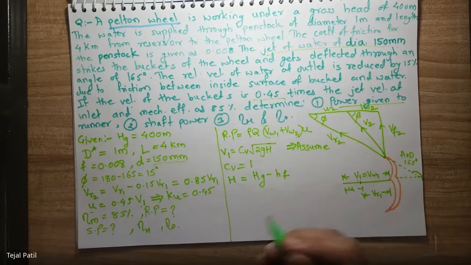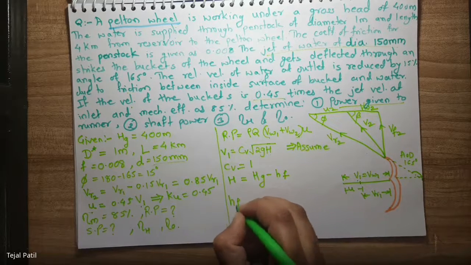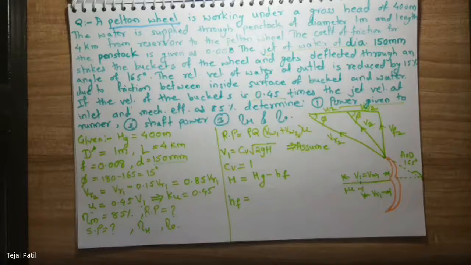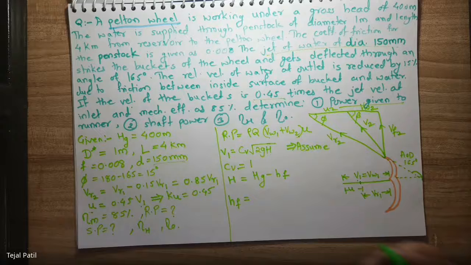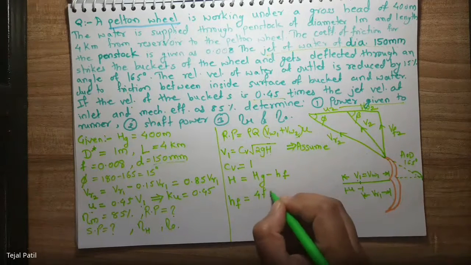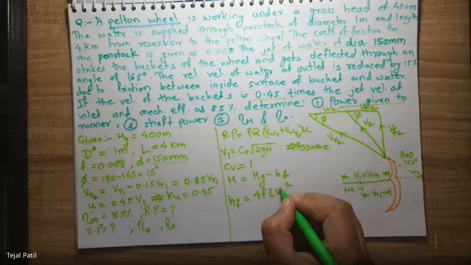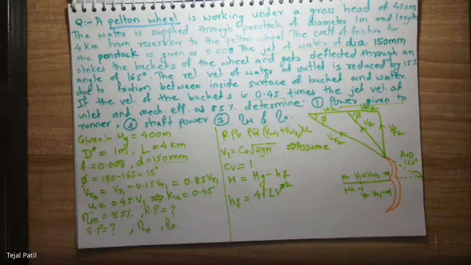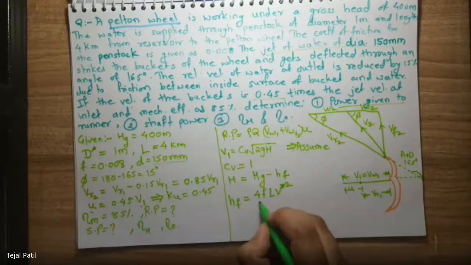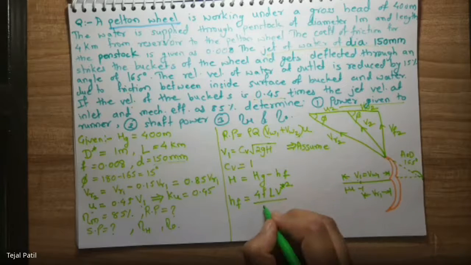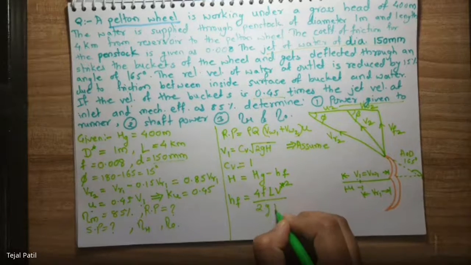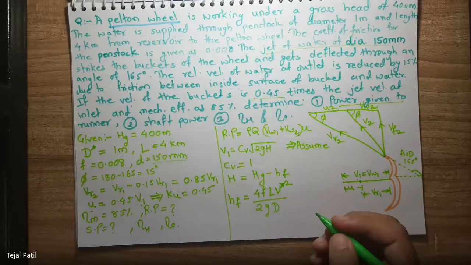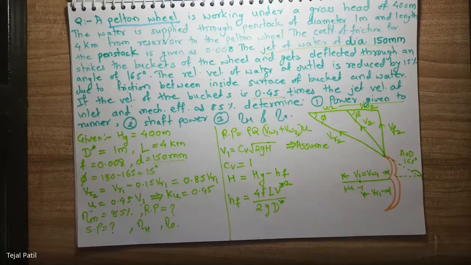Now let's see, for Hf, what is the formula? How can you find Hf? It is 4FLV square upon 2G. Here V is the velocity inside the penstock, so let me write it as V star square, upon 2G into the diameter of that penstock, which is again D star.